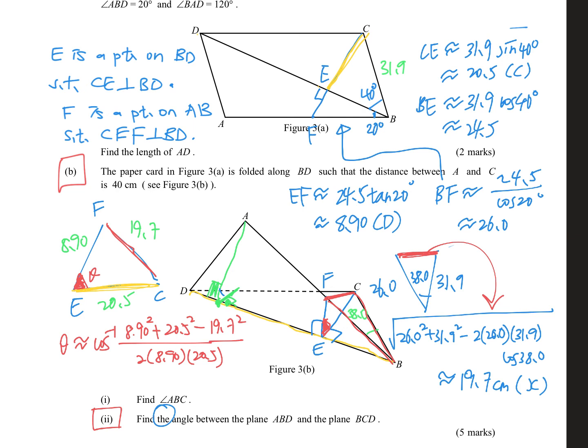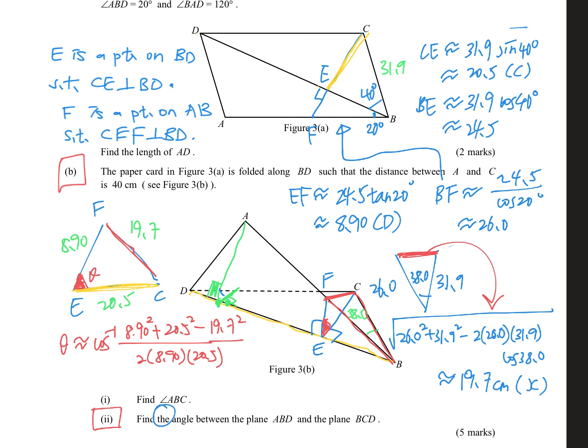Oops. 2 times Y times C. So that's why, oh my god, C squared plus X squared, 2 times C. Where's my Y? 20.5.